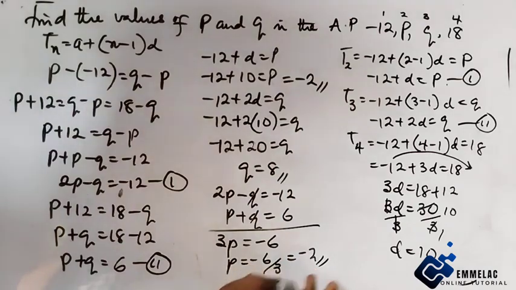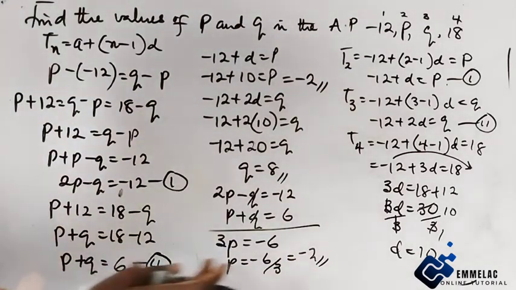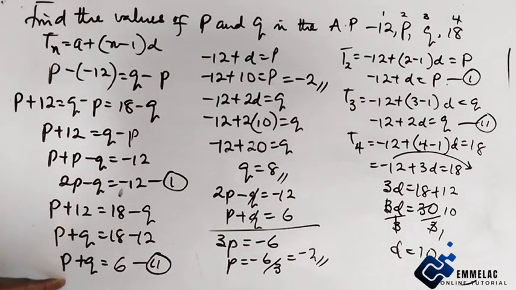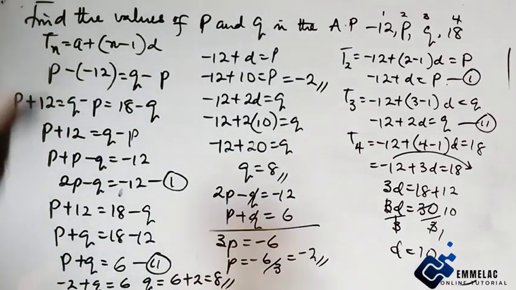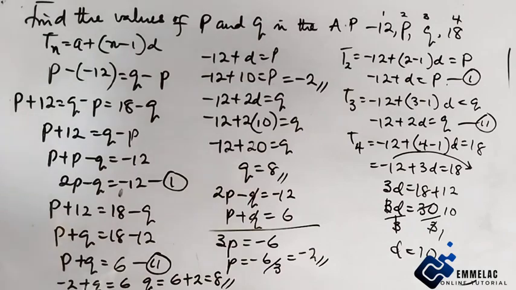And if you input minus 2 in either of the equations, from here we can get the value of your Q. From minus P plus Q equals 6, that will give Q equals 6 plus 2 equals 8. Either of the methods also led us to the same thing.